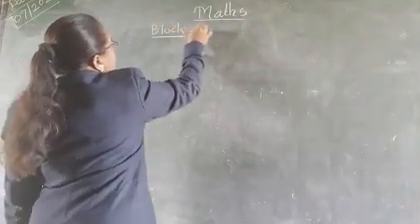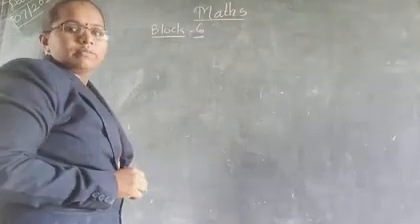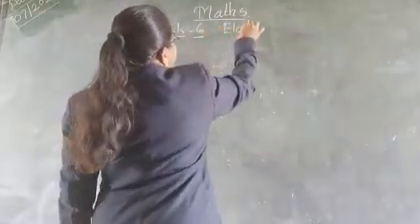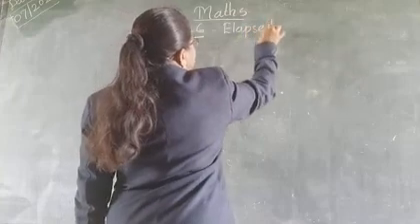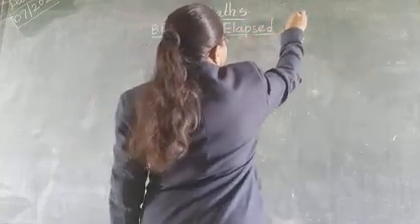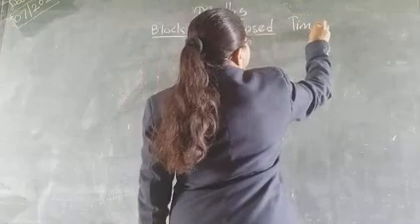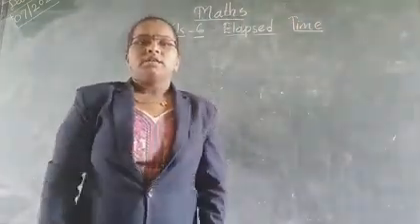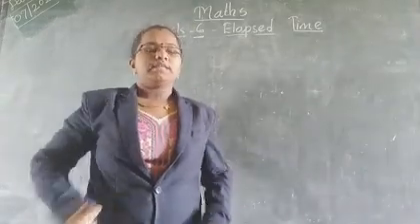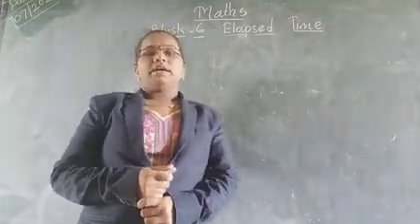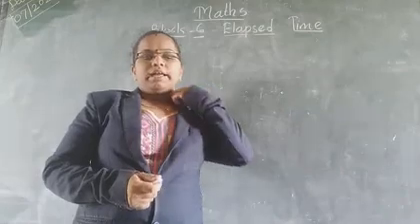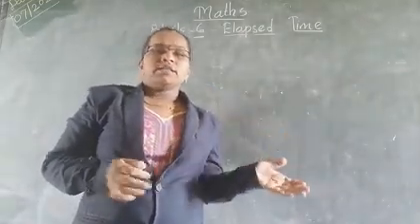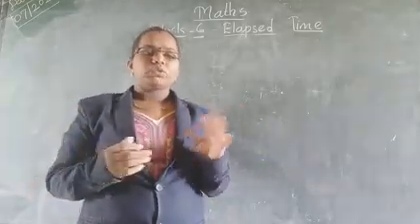What is the name of block number 6? The name of block number 6 is elapsed time. In this block we study about elapsed time, as well as how we convert time, hours into minutes and minutes into hours.